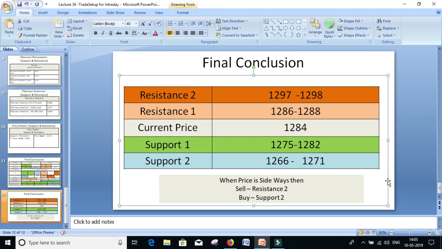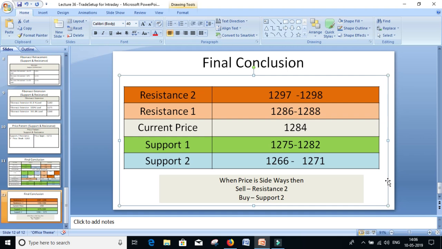When the price is sideways, then sell around R2, resistance 2, and when the price is around support 2, you can just take profit booking and take a fresh buying around support 2. So resistance 2 and support 2 become very strong levels for selling or buying.